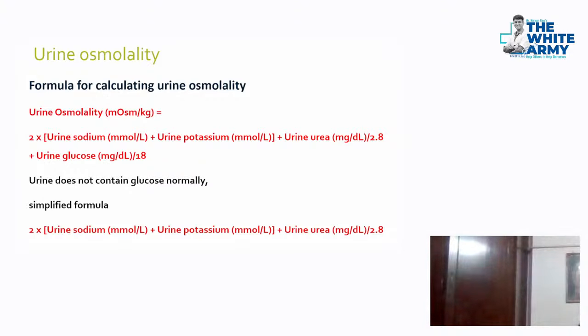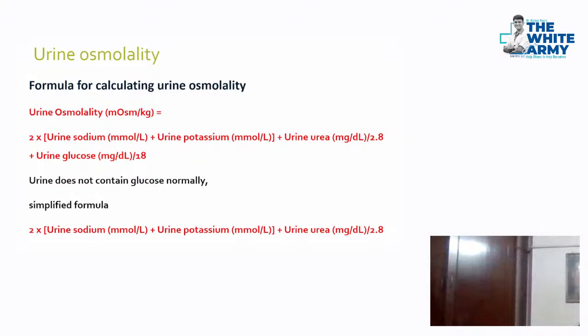But we know that in non-diabetic, non-glycosuric patients, urine does not contain glucose. So the simplified formula will be 2 into urine sodium plus urine potassium plus urea nitrogen by 2.8, or if we measure urea here, it will be urea by 6.